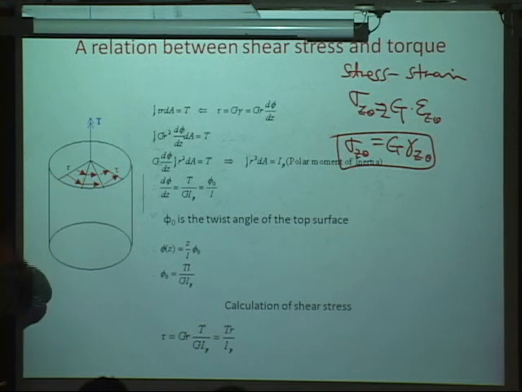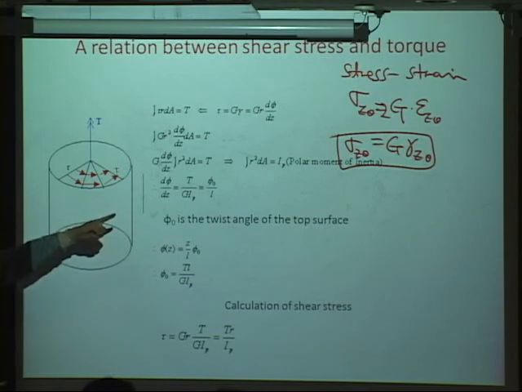We don't have to worry about any other material properties because all other strains are 0 except this gamma z theta. So the only one stress component which is non-zero is sigma z theta.